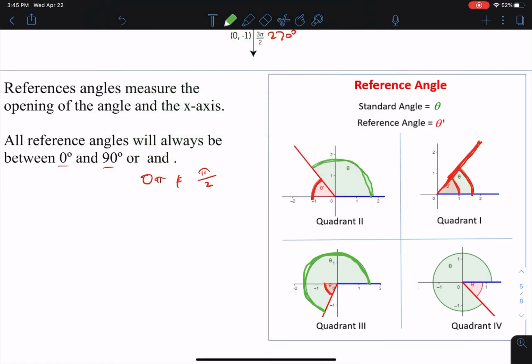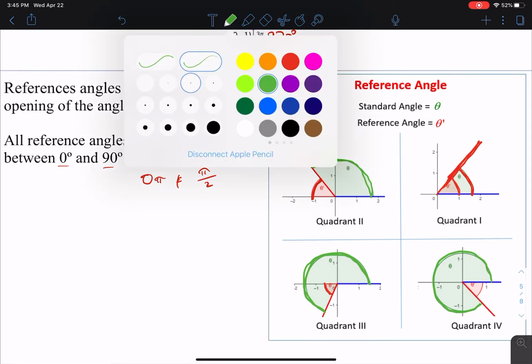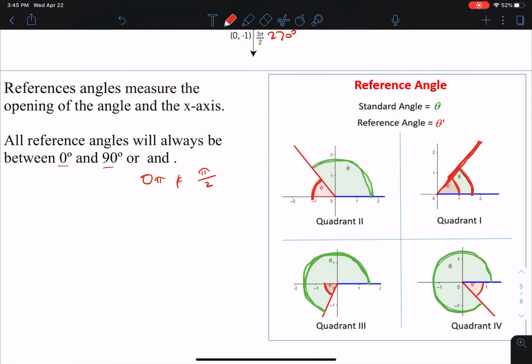The actual angle goes all the way around, almost 360. It's going to be more than 270, less than 360. But the reference angle is that little angle there. So it's always going back to the x-axis, wherever the angle is.